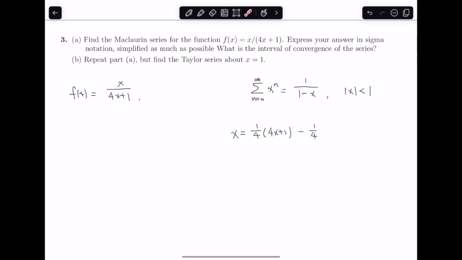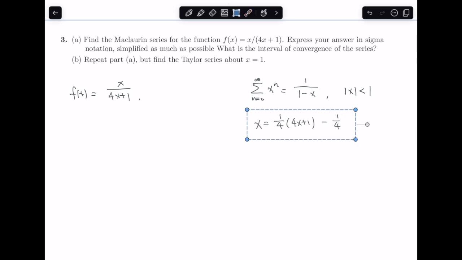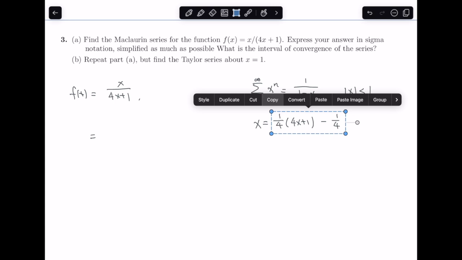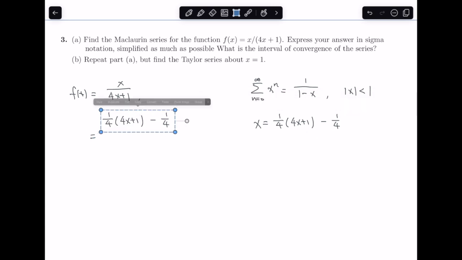The reason why we rewrite it in this way is because we want to match the denominator 4x plus 1. So later we will be able to split this fraction into 2. Okay, now let's replace x with this expression, just copying and pasting, and then we're going to divide by the denominator 4x plus 1.